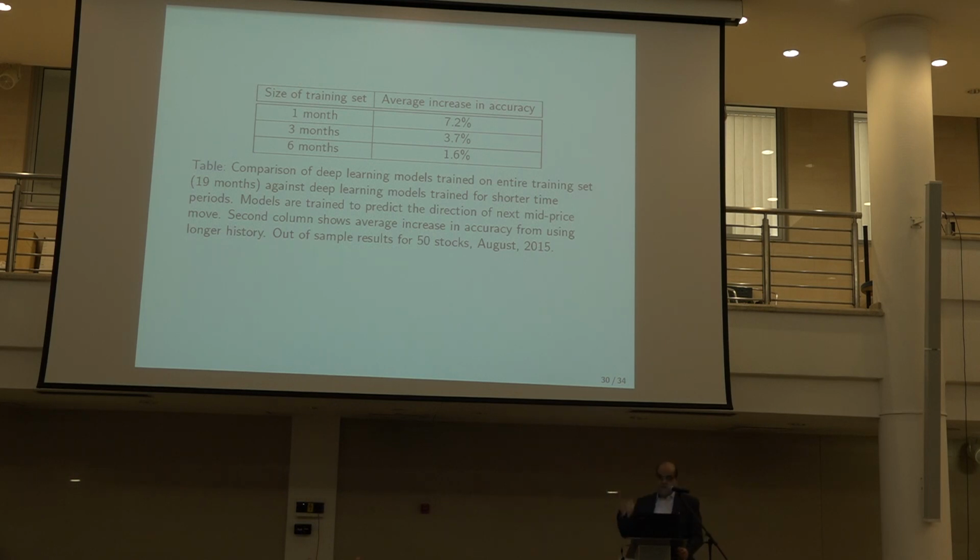So here what we show is that if you go back 1 month, 3 months, 6 months, you always have an increase in accuracy. It is not true that if you go beyond some level, the non-stationarity could mean that you have a decay in accuracy, so that it's better not to use the older data. You always have a gain in accuracy, even if you go back by 6 months.